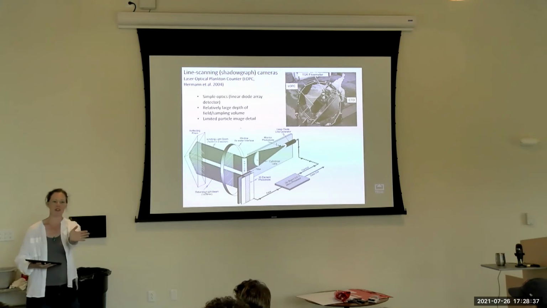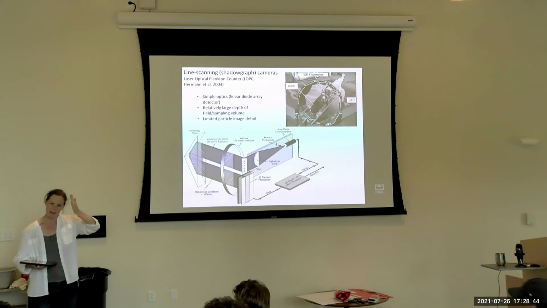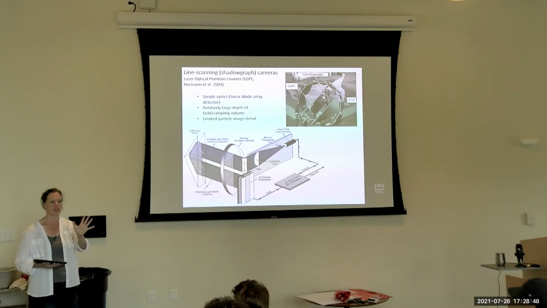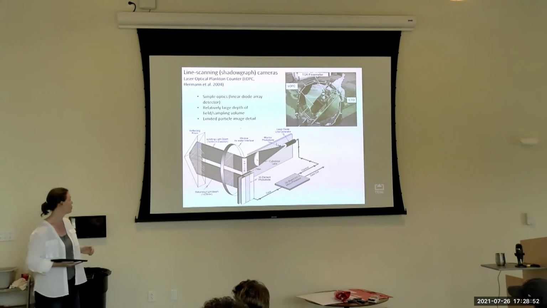And then the imager itself is towed through the water. So that's how you get your volume scanning. So you have really rapid scanning back and forth in a plane, and then you measure the size of the objects in the sampling volume by towing through it.